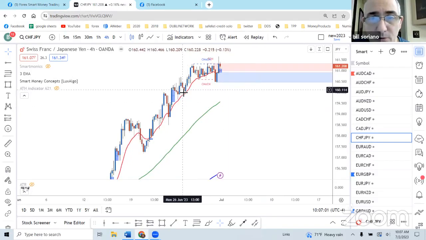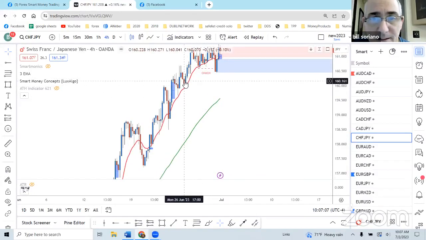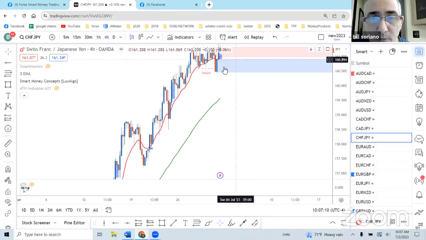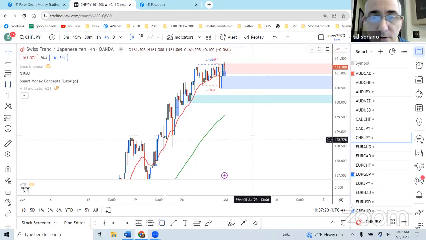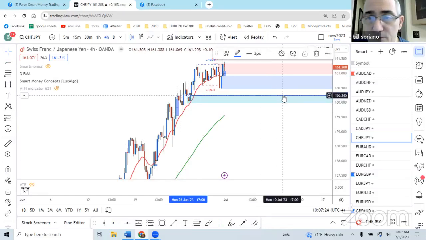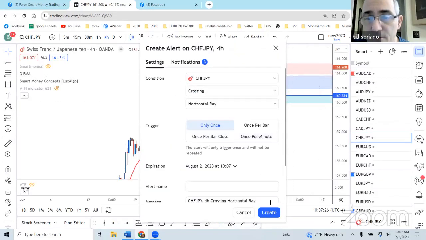So for me, the order block that I want to trade from, again here, see, I have a liquidity grab as this wick comes down. There's my last down candle before this up move that breaks structure and leaves imbalance, right? I have an engulfing candle after my banker candle. So this is definitely, for me, the area where you want to trade this. There's my point of interest right there. That's where I'm going to put my alert.